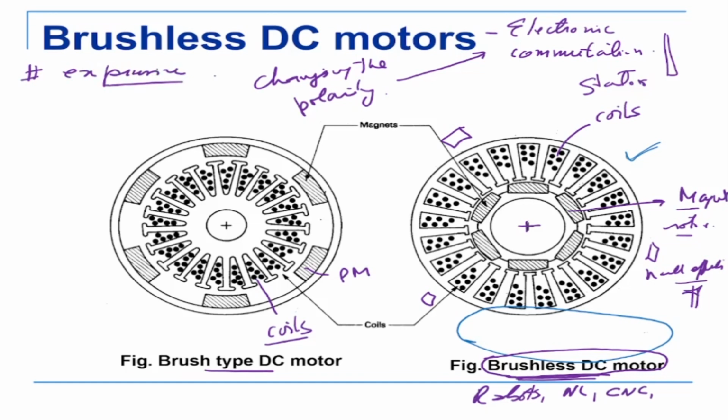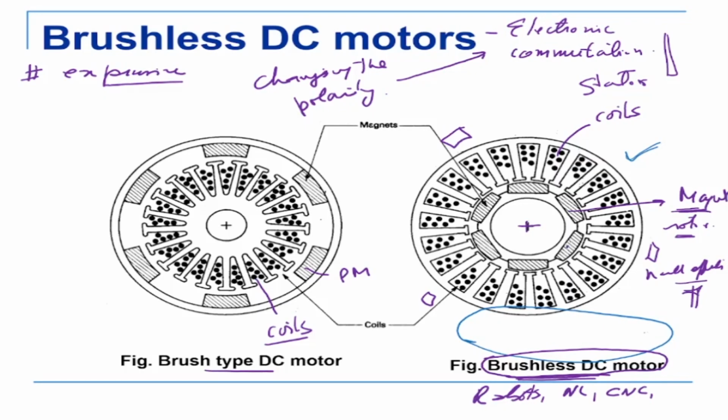And there are very few companies which make the magnets. The heart of the motor is the magnet. If the magnets are not made proper, what will happen? If the rotor is very heavy, you cannot brake the motor. When you are doing position control, you are trying to stop the motor after reaching the desired position.